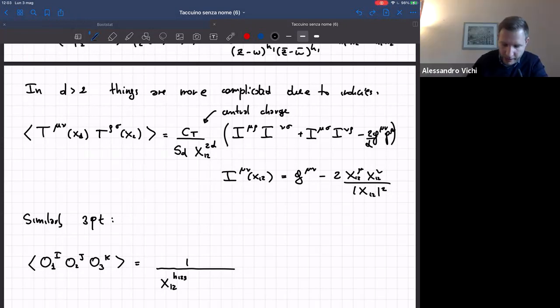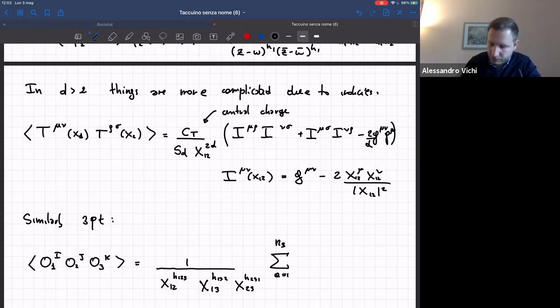So generically, I was saying you will have something like H1,3, H2,3, and then a sum over A, going from 1 to a certain number N3, which is the number of irreducible representations that appear in this tensor product which are singlets. So the number of singlet representations that appear in this tensor product.